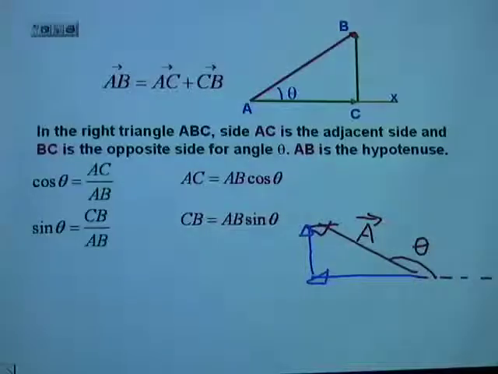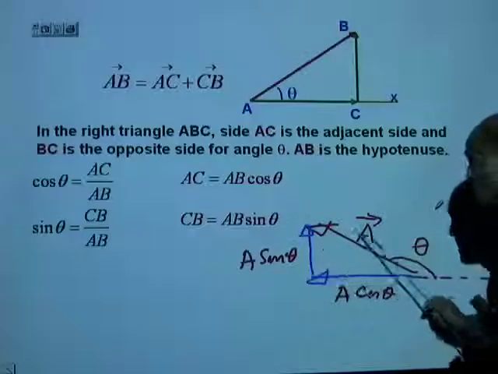So this x component will be vector A times cos theta, and the y component will be vector A times sine theta. Now you must be very clear about it.